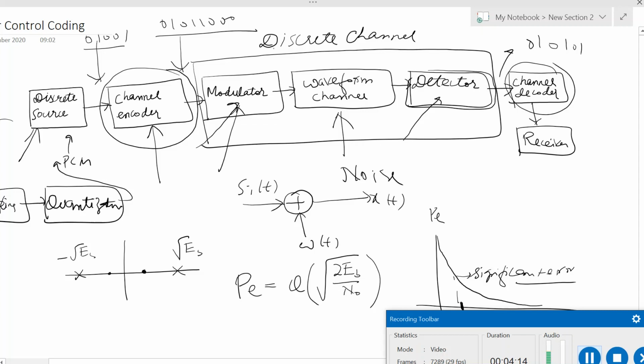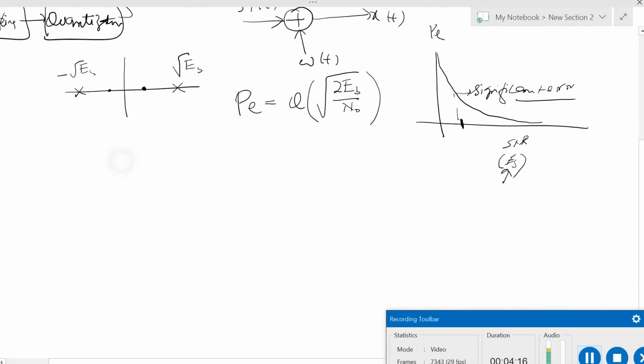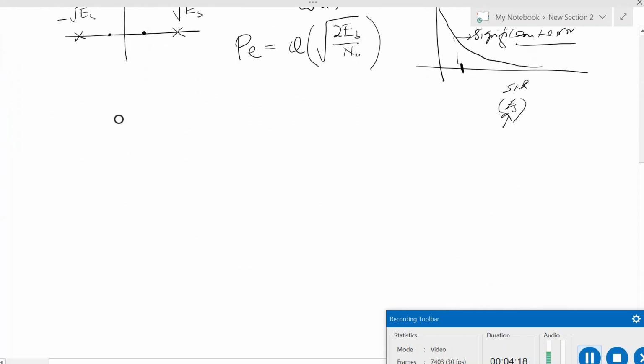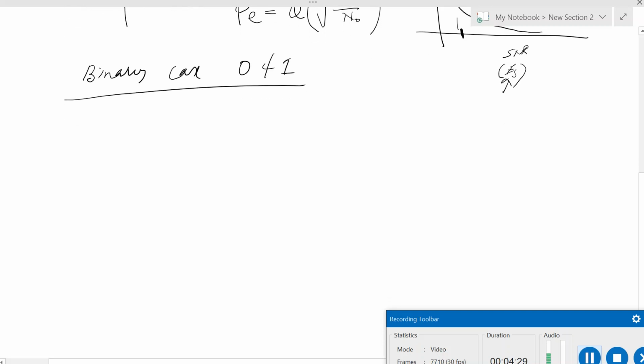So you can treat that this whole setup can be written in a very simple way. Suppose you take the binary case where you have just 0 and 1, which is the most practical case. So you can treat this whole setup as you have 0 and 1. You need to transmit these two. And what can the channel overall do?